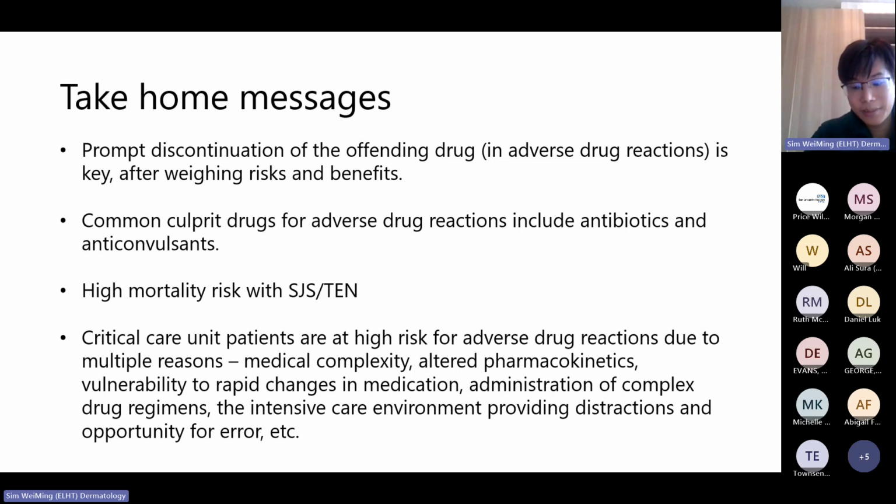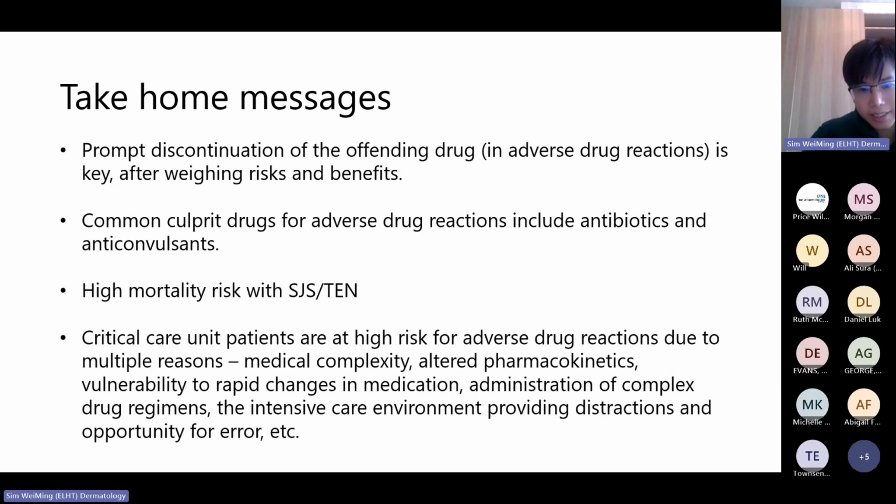If your primary team says, no, we'll wait for dermatology, but in the context of ERHT, you might not get dermatology reviewing, not even on the same day. It might be 2 days later. So really, you do need to stop the offending drug if you suspect it is due to the drug, especially in the context of SJS and TEN. Common culprits would be antibiotics and anticonvulsants, allopurinol, antifungals like terbinafine, or NSAIDs.